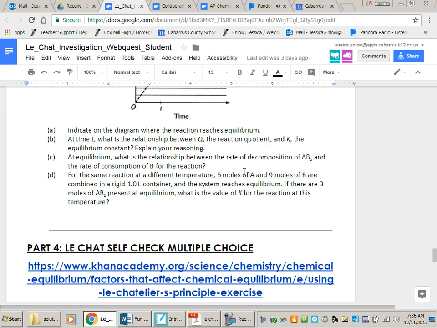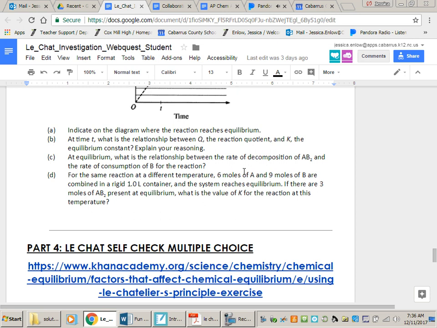So D, you had given some numbers for AB, and a 1 liter container reaches equilibrium. If there are 3 moles of AB present in equilibrium, what's the value of K? How do we set this up, guys? Megan, help me out here. I set up an ICE table. Okay, so we're setting up an ICE table. What do we know?